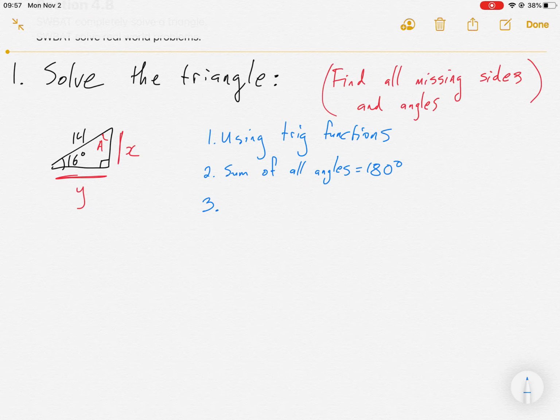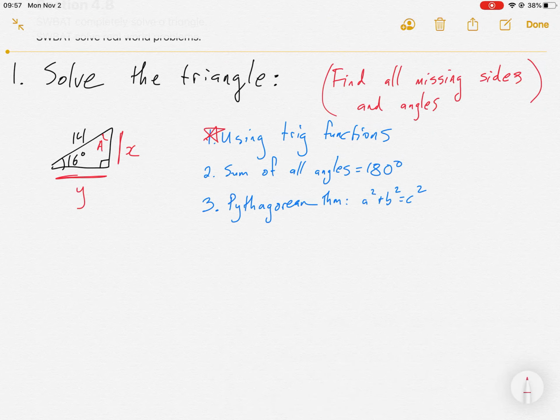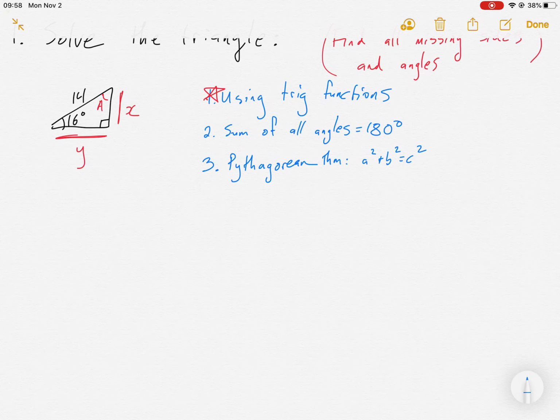And then another formula or fact we're going to be using is the Pythagorean theorem. So we're going to kind of be using all of these, but really the big one that we'll be using is the trig functions.